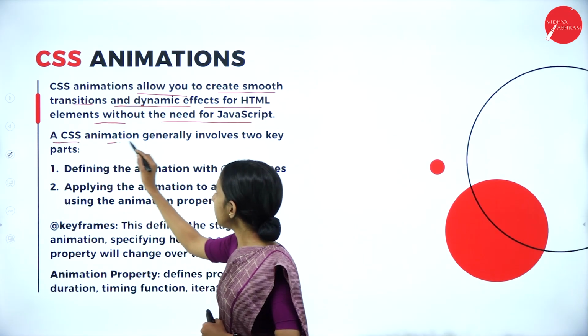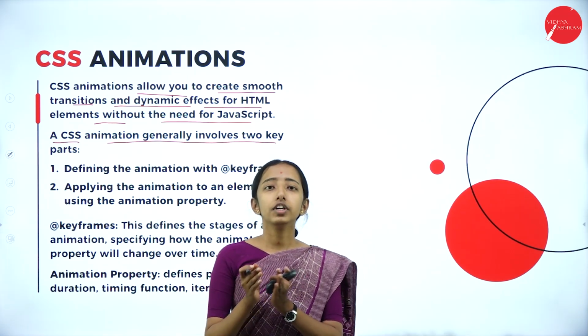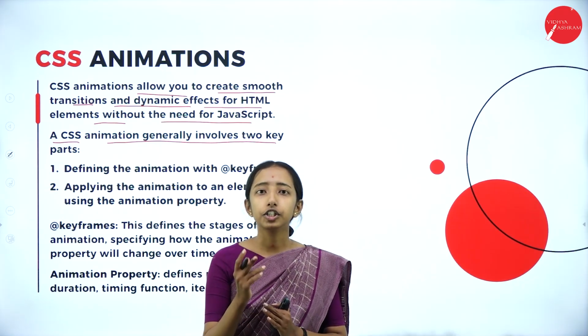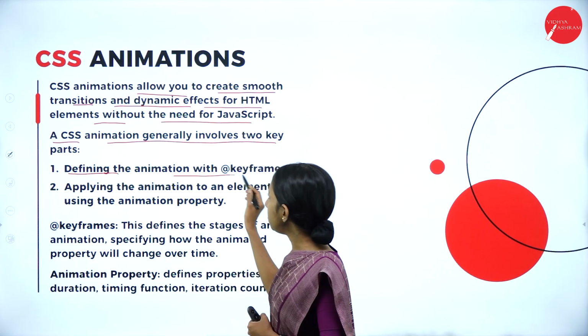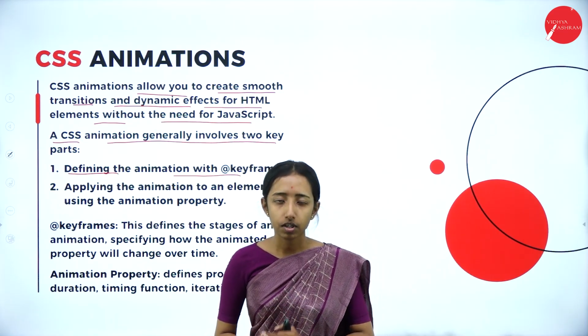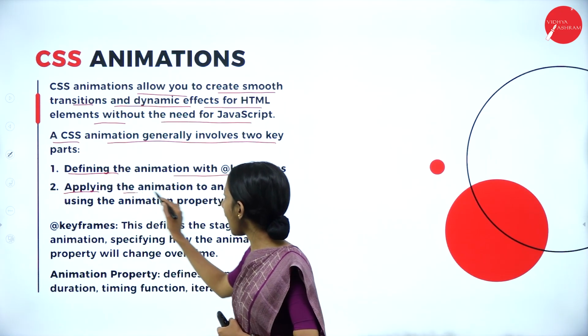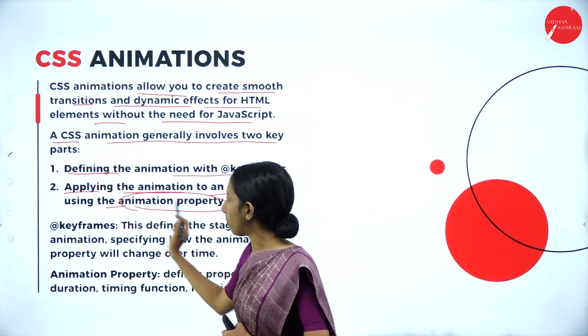CSS animation generally involves two key parts. When we do an animation using CSS, we use two main parts: defining the animation with keyframes, and applying the animation to the element using the animation property.